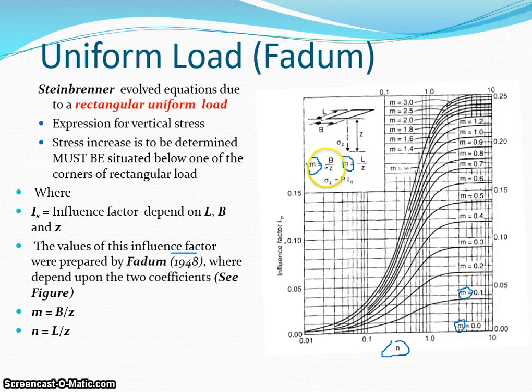By dividing B over Z and L over Z, the depth, you can get M and N. What you want to do is read the N value here and match it with the M value here. Let's say we have N of 1 and M of 3. You get the I value straight to here, about 0.08 of influence factor. From the influence factor, you easily multiply with the P of the uniform load, and you get the vertical stress at the depth of Z.